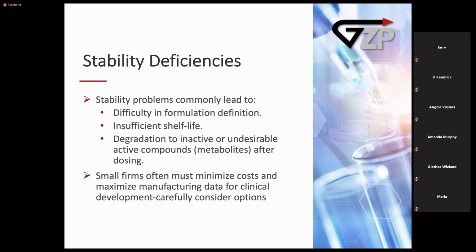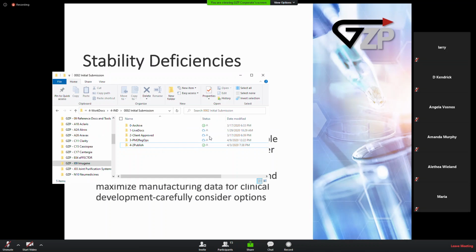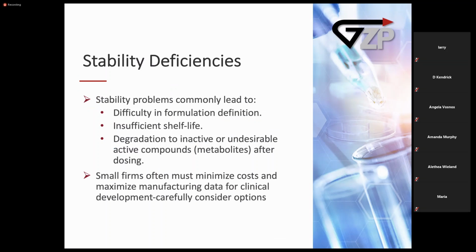Stability deficiencies can cause difficulties in shelf life, and difficulty in the formulation definition because it's changing all the time. Degradation after dosing is important because you may be introducing toxic metabolites. Again, these should be assessed in as good a model as you have in animals. The choice of animals is important. It has to do to some extent with, again, predictivity in humans.